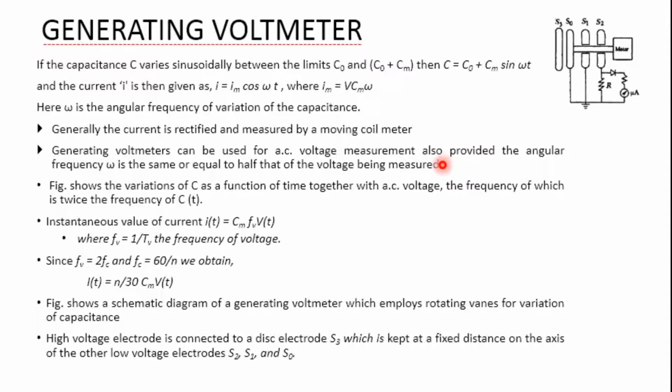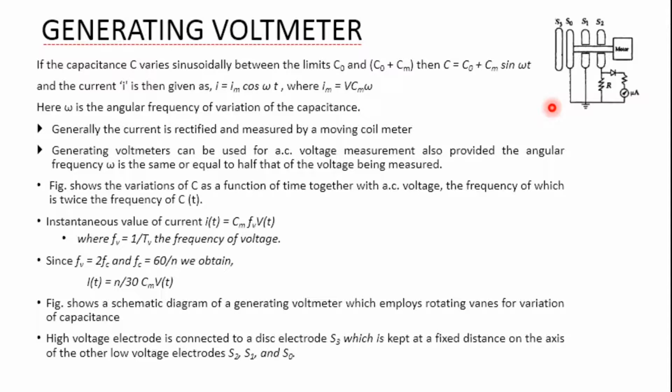So it doesn't mean that we can use it only for DC; we can use it for AC too. This is the figure of the generating voltmeter. I will explain it once again in the next one.